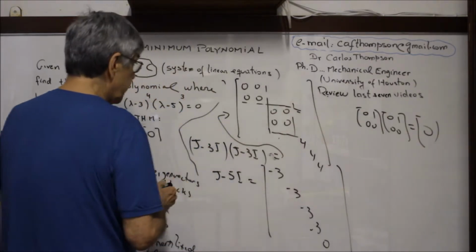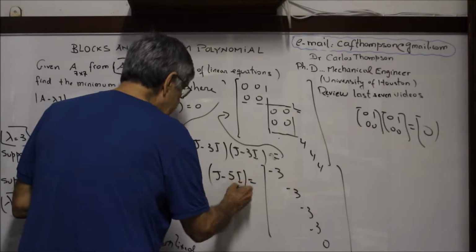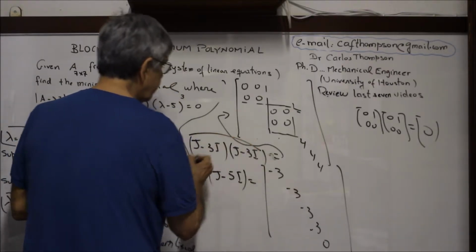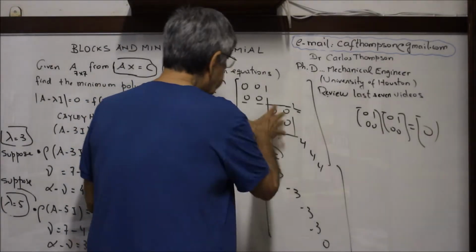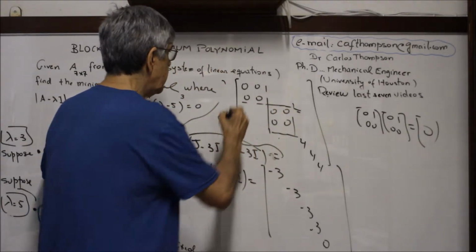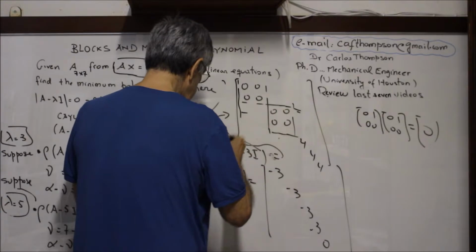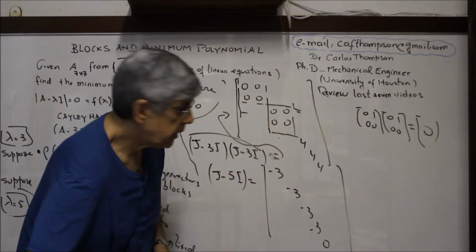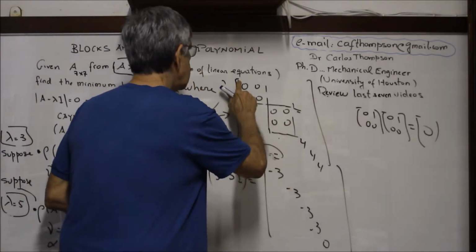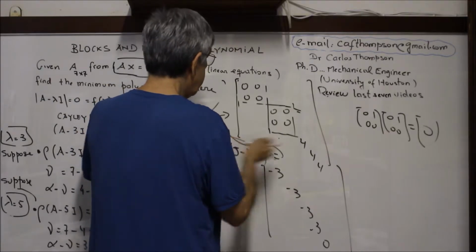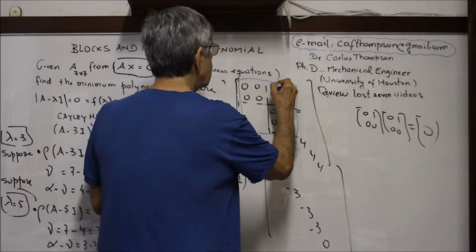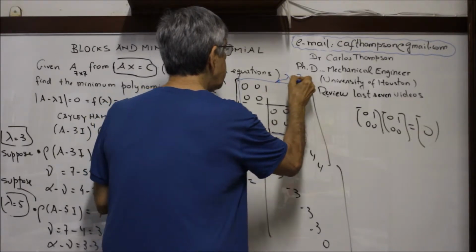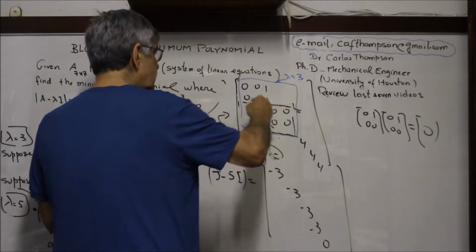Now, attention. If I multiply this times J minus 3I squared, you see, this block here, I'll take the blue, this here belongs to my lambda equal to 3, and all this is 0.